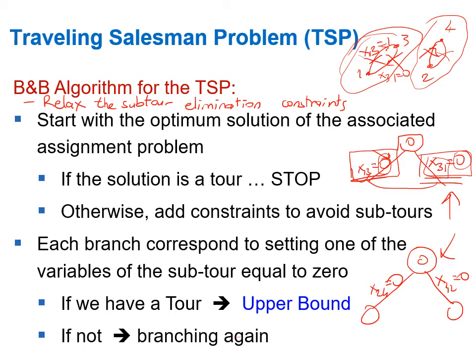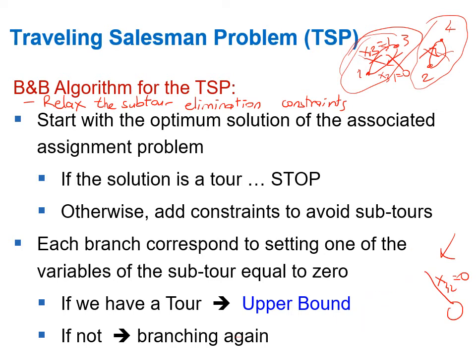There is no rule for selecting these, but usually what do we do? If, for example, instead of 4 cities, we had 5 cities, what would we have? From 1 to, let's say, 3, there is a subtour, and the other subtour will contain 2 to 4 to 5 and back to 2.